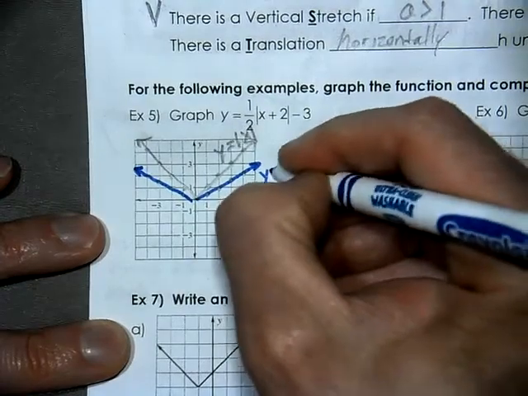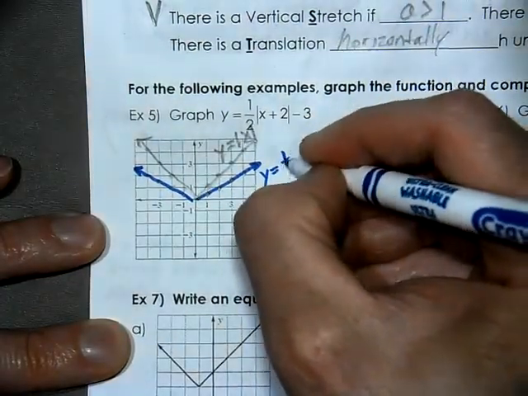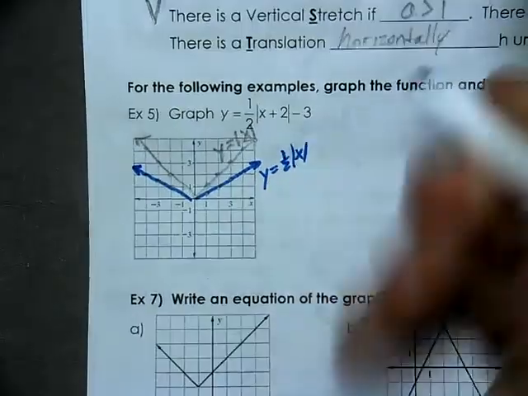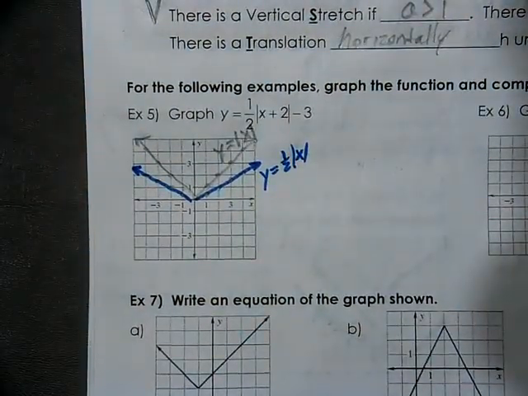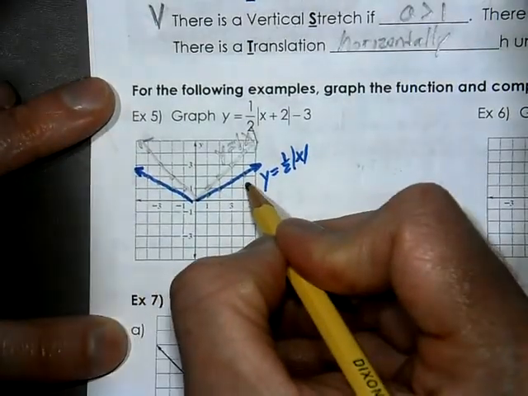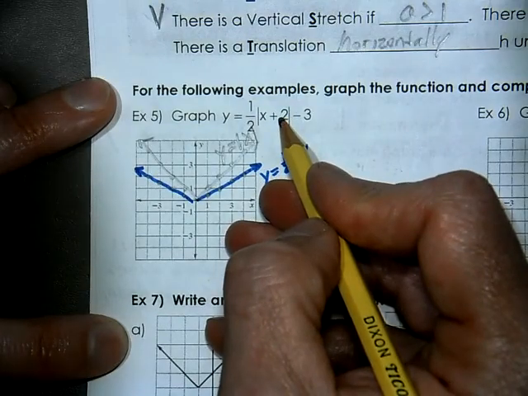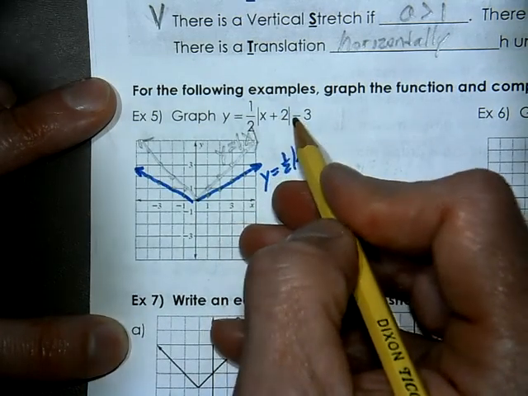So here we get y equals 1/2 absolute value of x. And then we're going to take all of those dots that we made and we're going to translate them 2 units to the left and 3 units down.